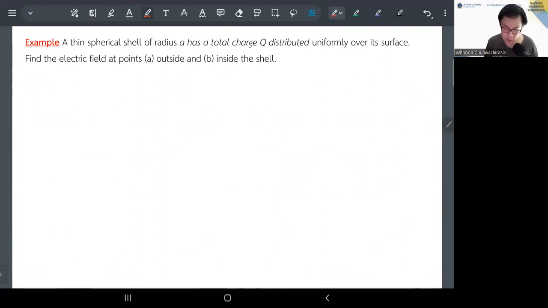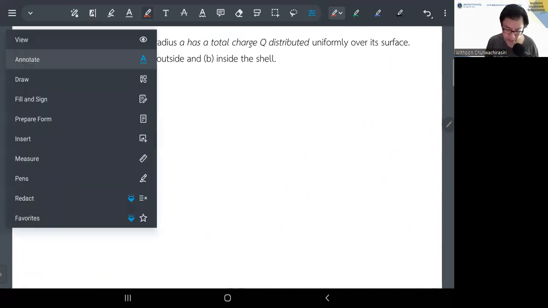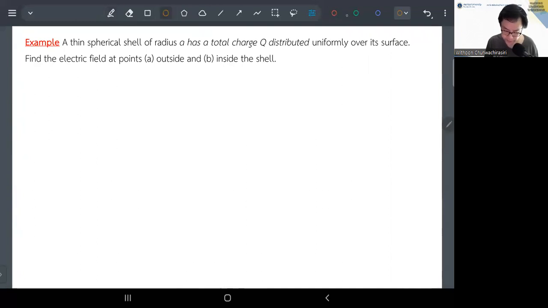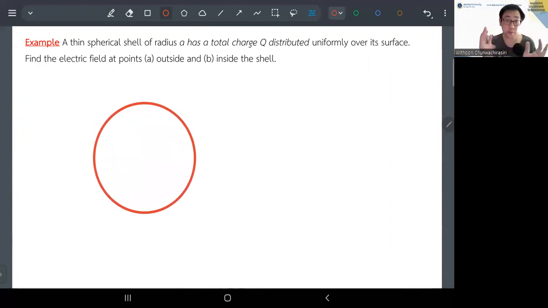So if you have a thin spherical shell, let me draw that, and the charge is distributed across the surface of this shell, with a total charge of Q, what is the electric field outside and inside the shell?